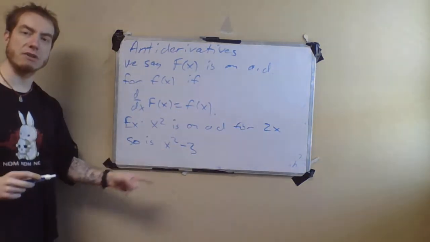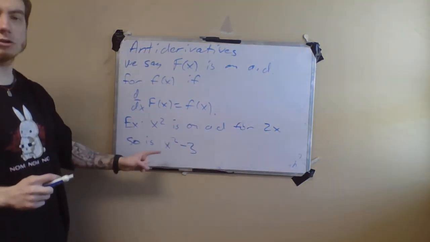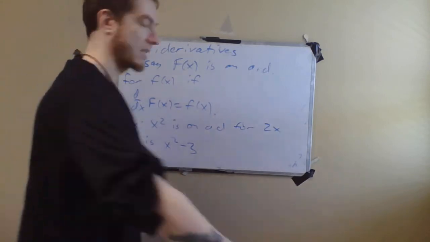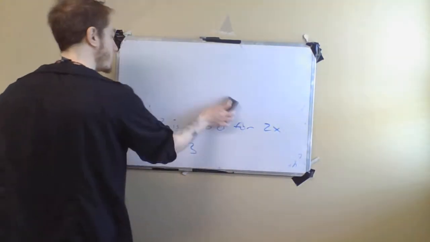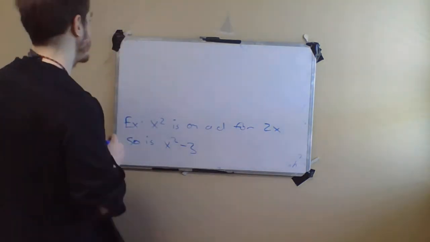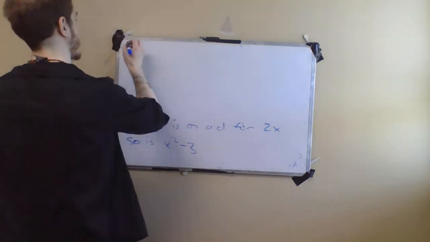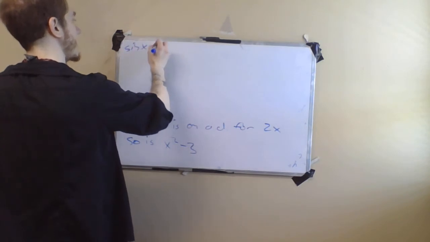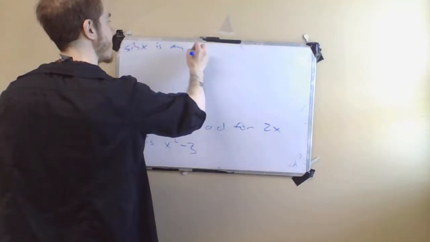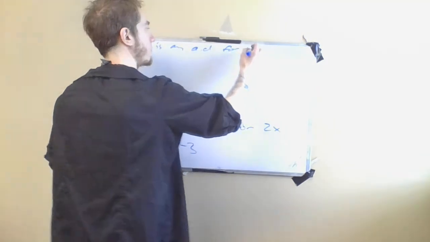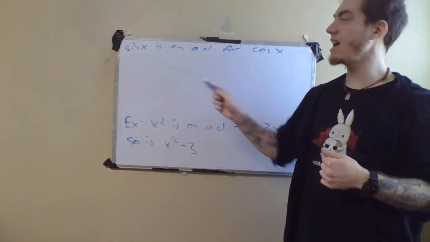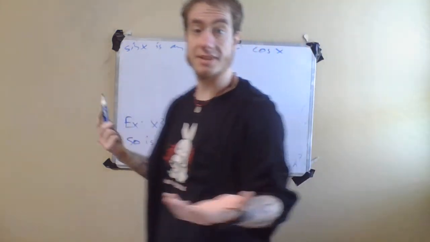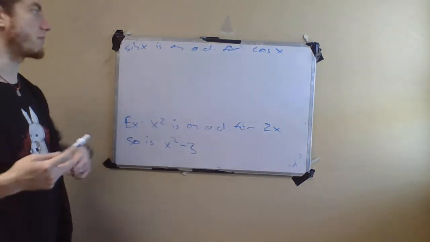Because if you took the derivative of x squared minus 3, you would also get 2x. Some other examples here that we could come up with, we can say, well, maybe sine x is an antiderivative for cosine x, okay? The derivative of sine x is cosine x, so this is an antiderivative for cosine x.